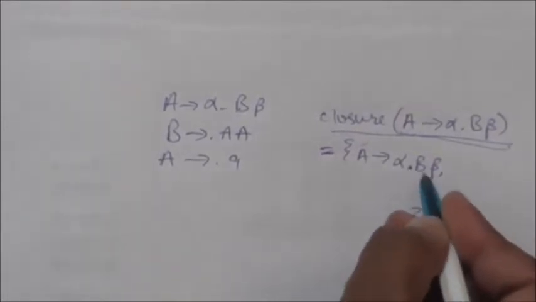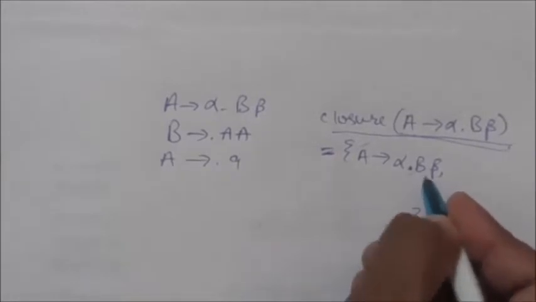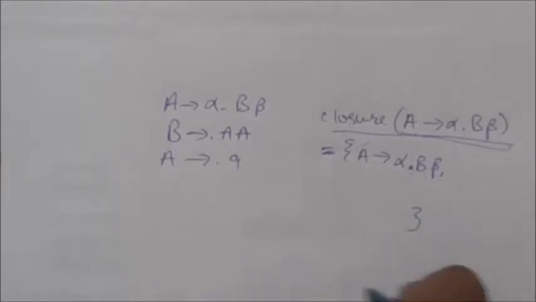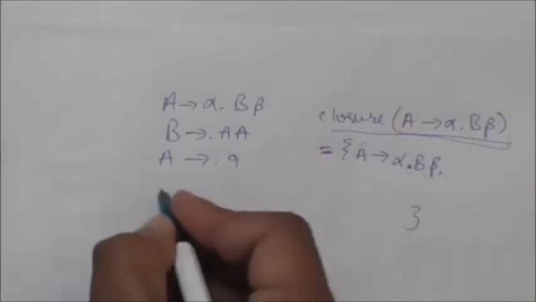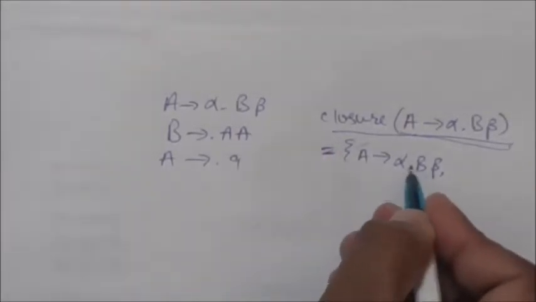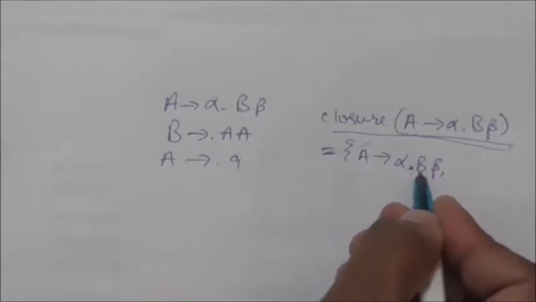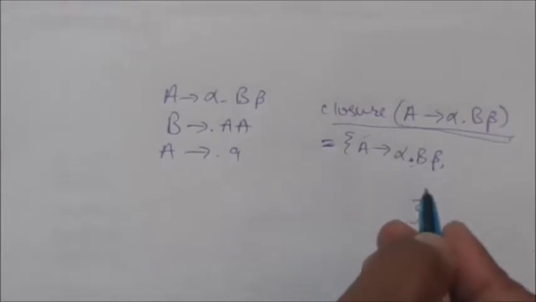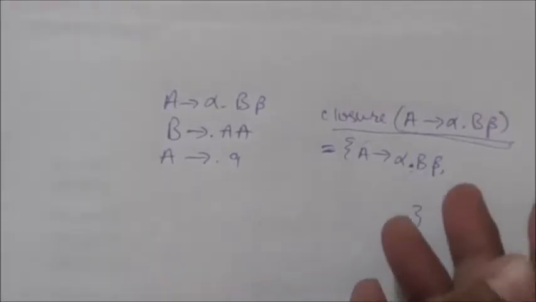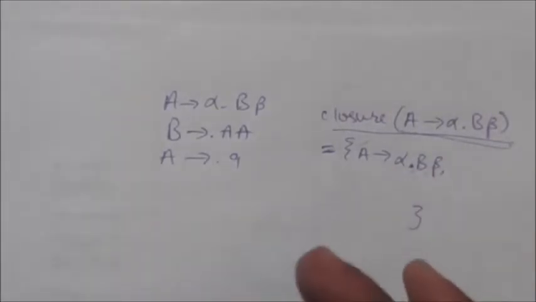So if dot is immediately preceding some non-terminal symbol, then we will add a new item in the closure in which the non-terminal symbol to which the dot is preceding is at left, and on the right side of the item the dot is at leftmost position.